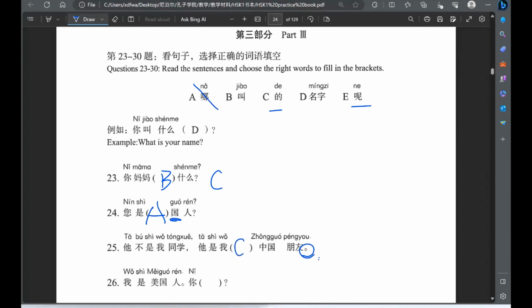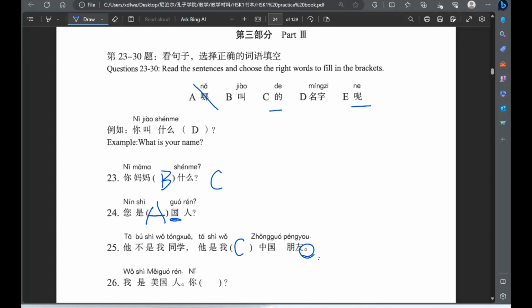So you see, last class we learned that for 的, when it comes to kinship or it refers to a person, then 的 can be omitted. While in oral speaking, it's actually not that strict.